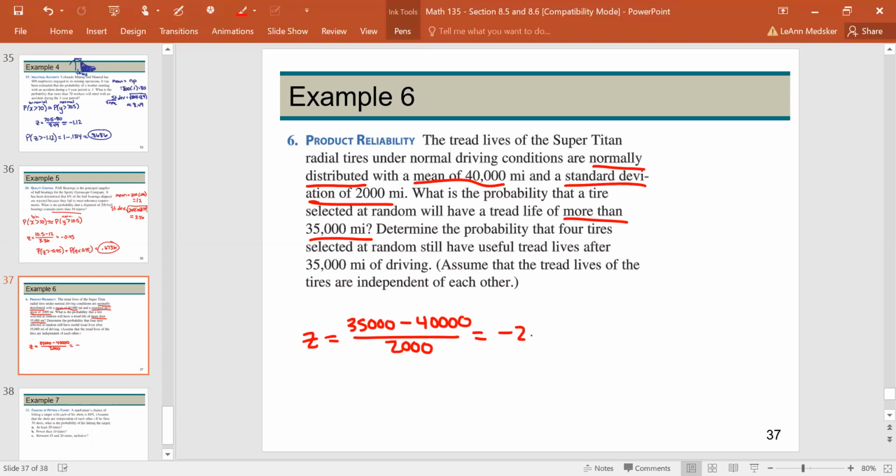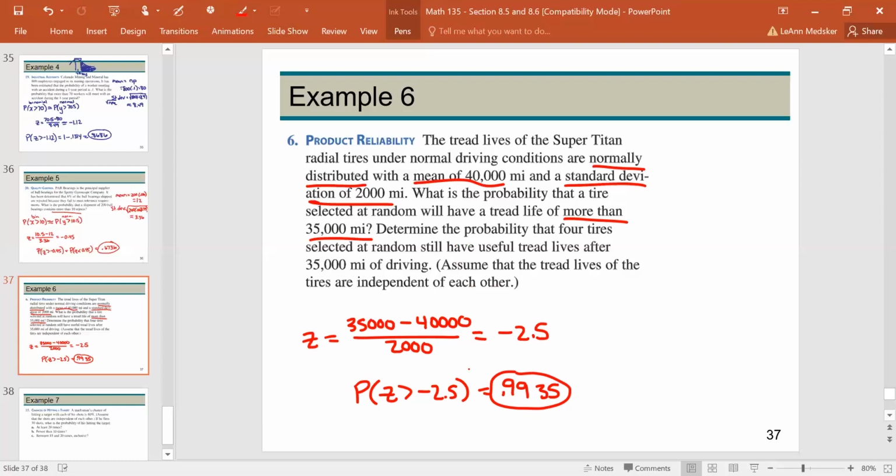That's going to be negative 2.5. And we're looking for the probability that z is greater than negative 2.5. Okay, so when I looked that up in my chart, I got 0.9935 because I looked up the complement. I looked up what's below 2.5 instead of what's 1 minus what is the negative 2.5.